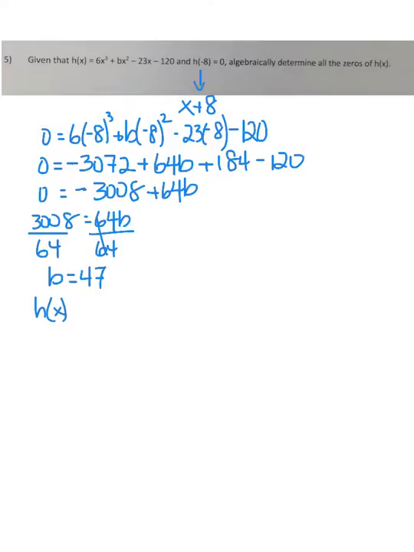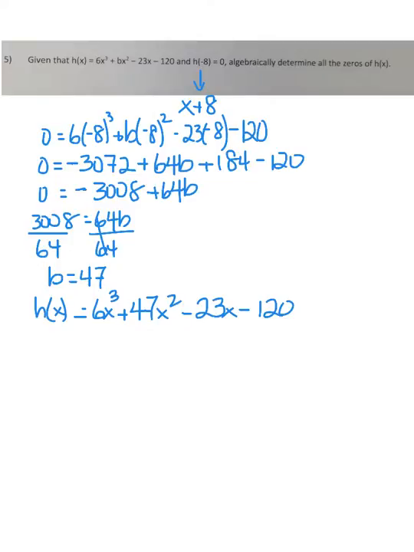Oh, here we go, is equal to 6x cubed. Now I know what b is, so I'm going to replace b with 47x squared minus 23x minus 120. Okay, so now I know what h of x is equal to.